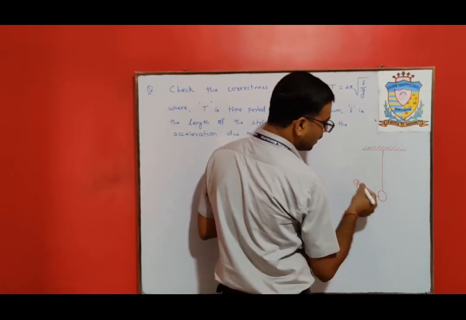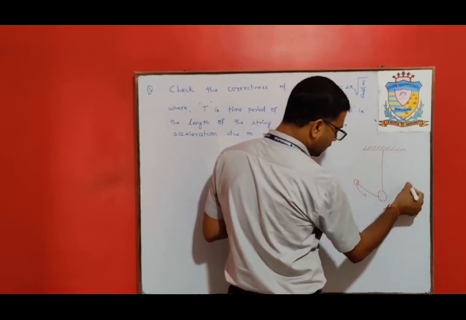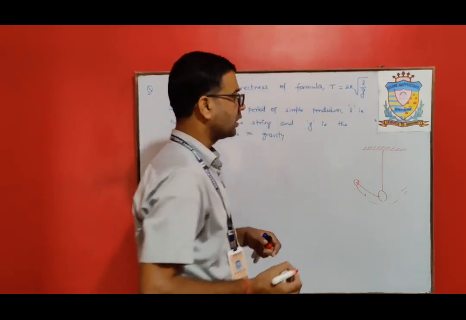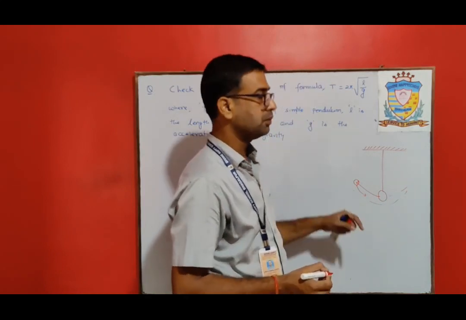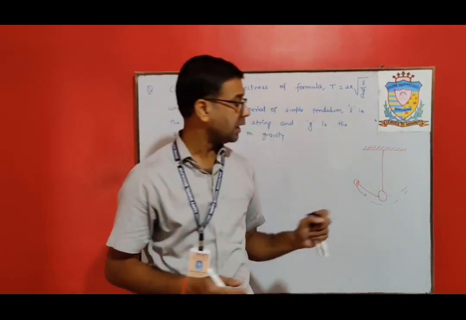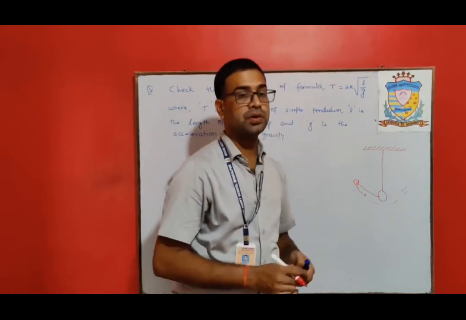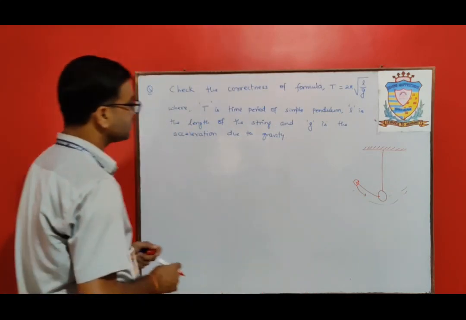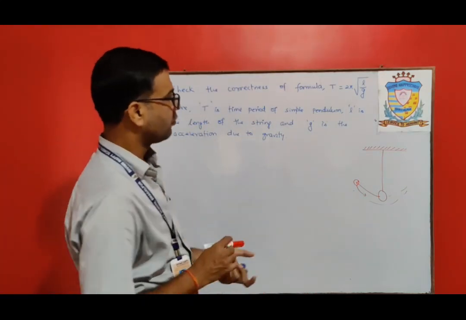It simply moves back and forth. It starts from here, reaches over here, and comes back to this position. The time taken by the bob to complete one oscillation is called the time period of a simple pendulum. So we have to check the correctness of this formula.